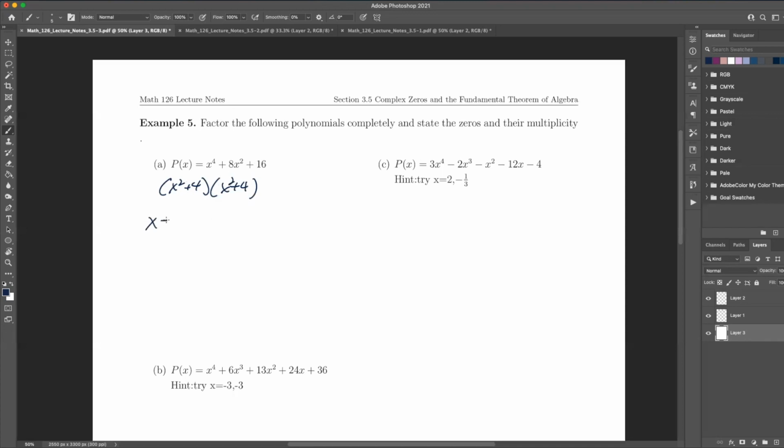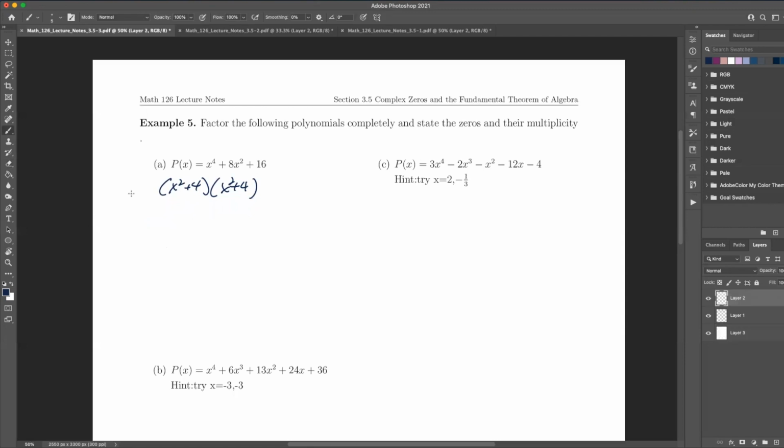But here, I know what my zeros are. They're x plus 2i squared, x minus 2i squared. Oops. I'm on the wrong layer. Always on the wrong layer.